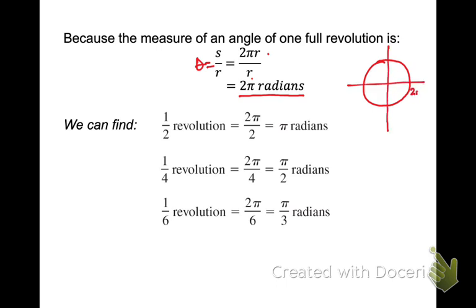If this is 2 pi, then half of it is only what? Pi. And you probably already can get the conversion. What's from here to here is how many degrees? 180. Well, how far is just to here? 90. Well, how much of pi is that?